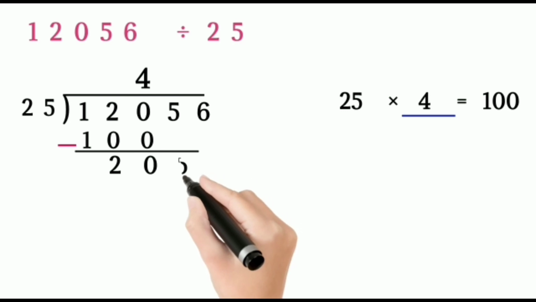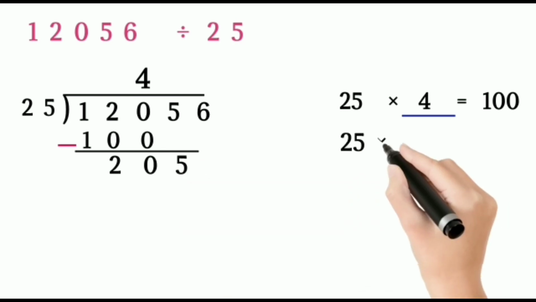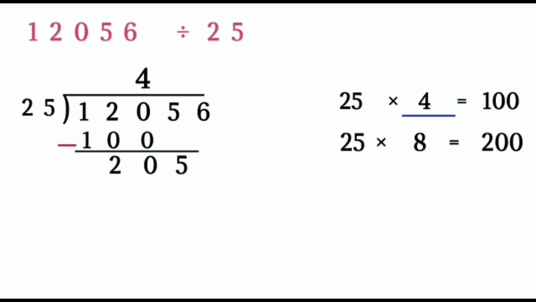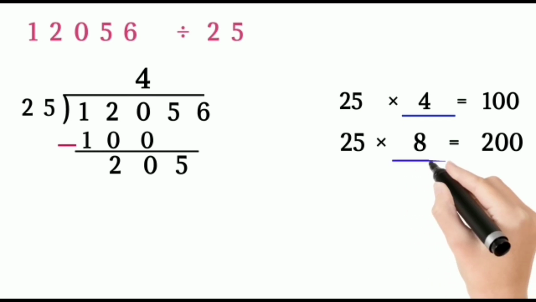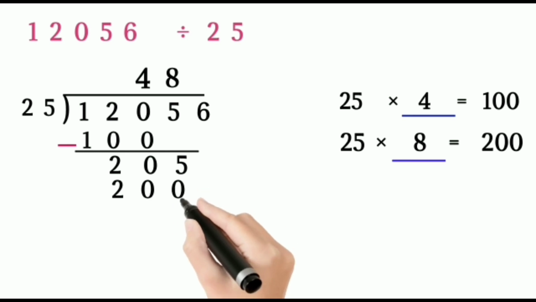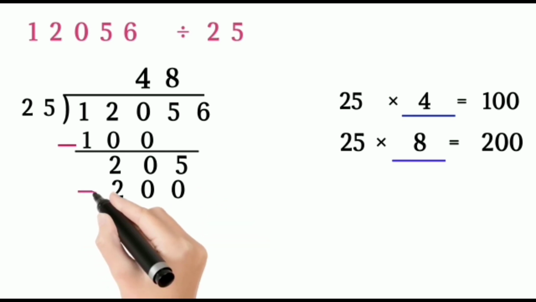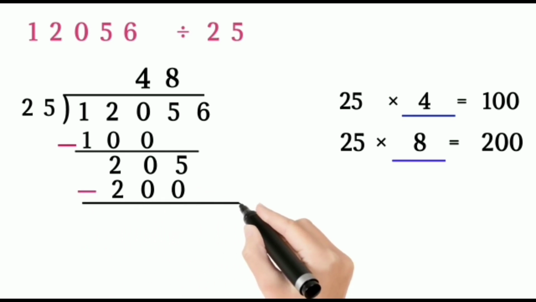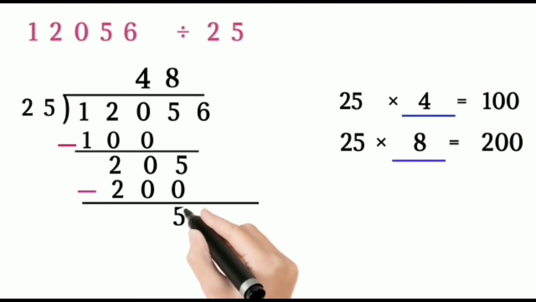Then our new dividend is 205. How many 25s can we take? 25 eights are 200. Write 8 in the quotient and minus 200 from 205. We get 5.